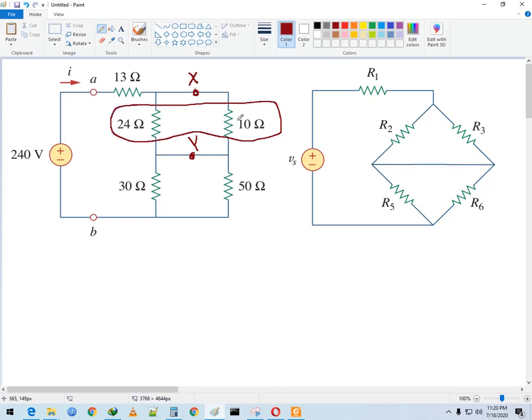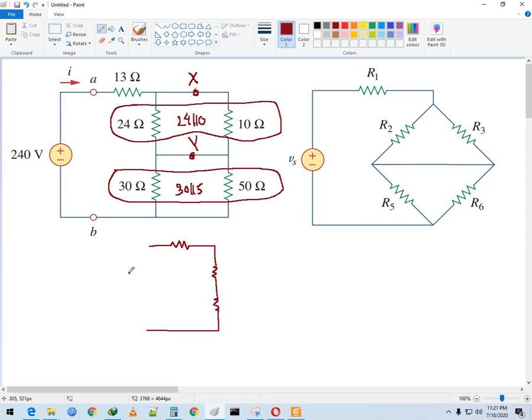So 24 parallel 10. Similarly, we can also say that these two resistors are in parallel. That means the value should be 30 parallel 50, and the previous one should be 24 parallel 10. Then the simplified circuit should look something like this.